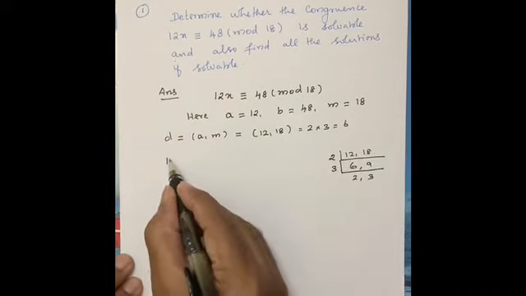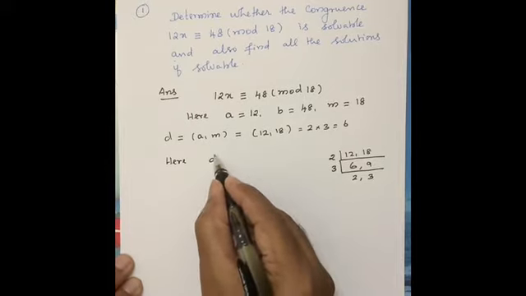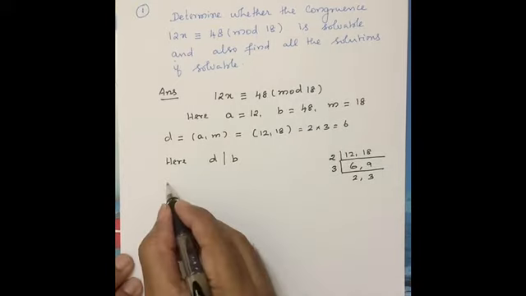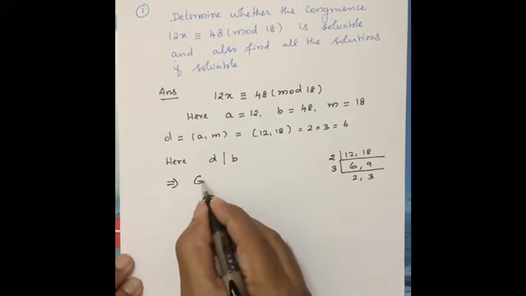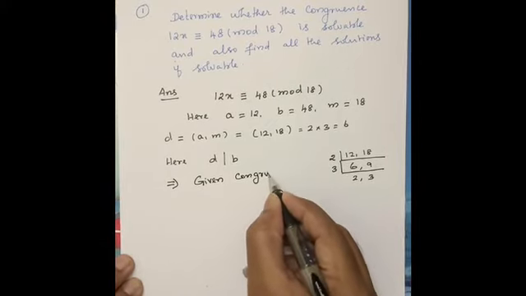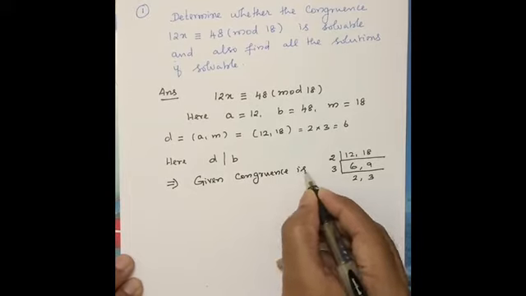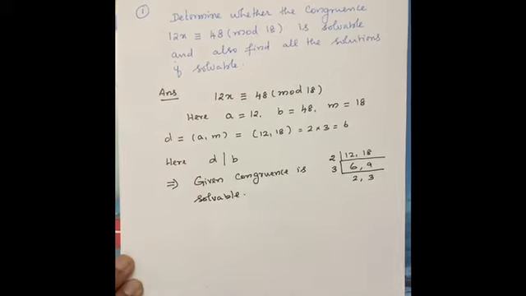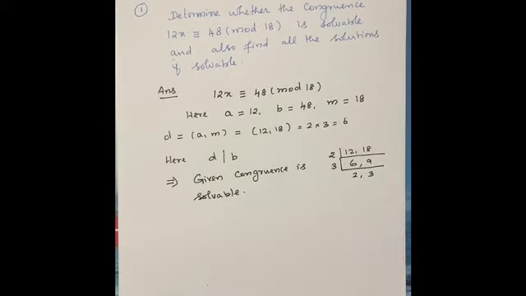So D divides B, and this gives that the given congruence is solvable. If D divides B, then the given congruence is solvable. Suppose D does not divide B, then it is unsolvable. Here D divides B and hence it is solvable.